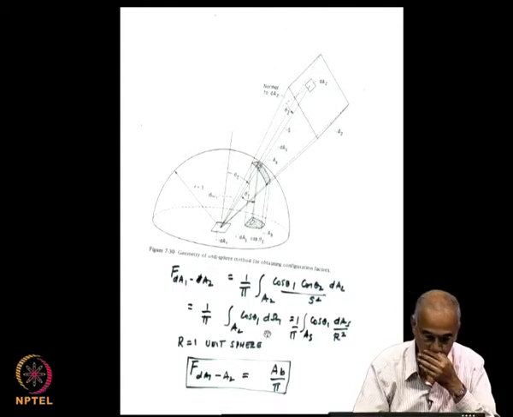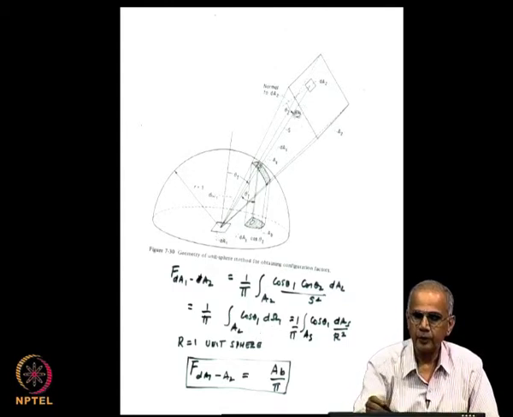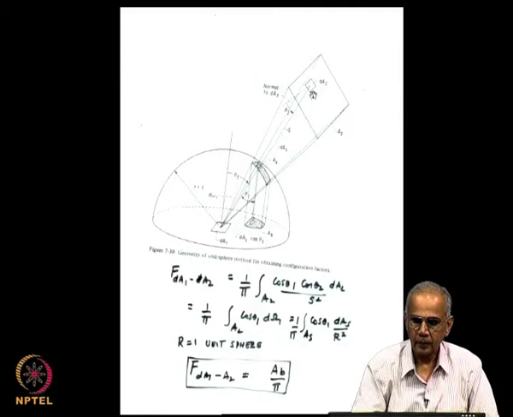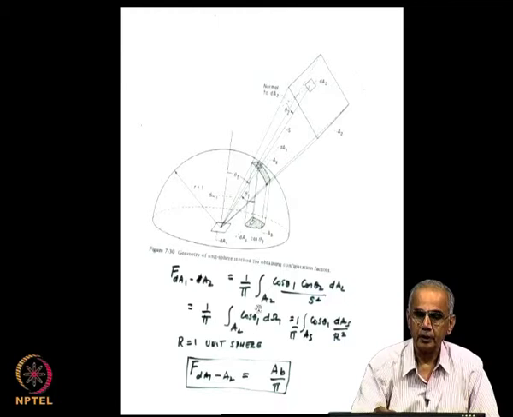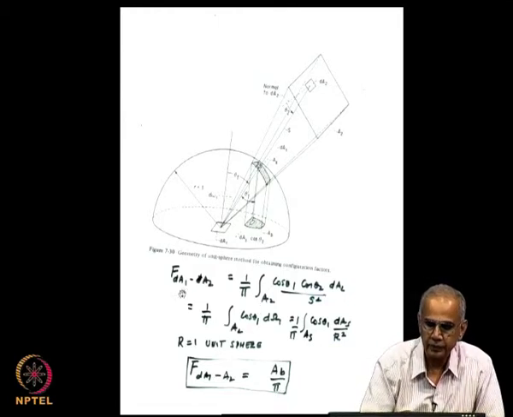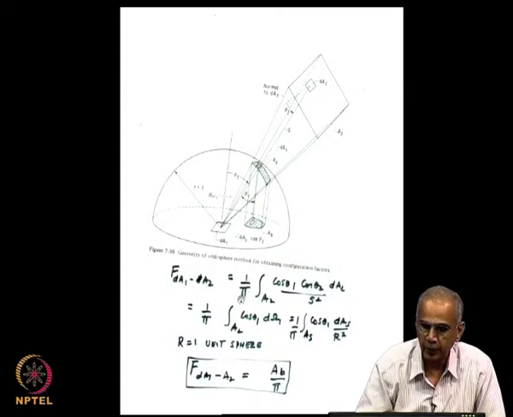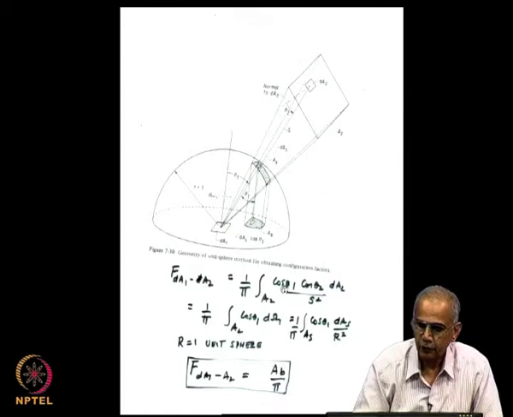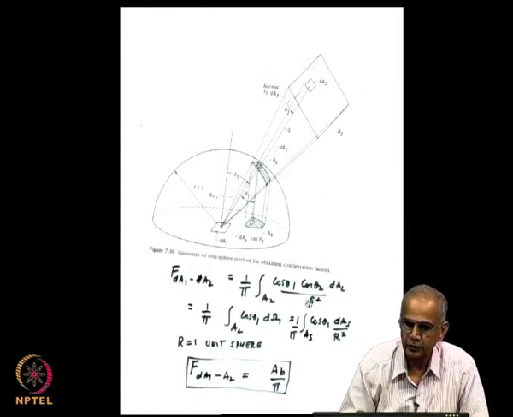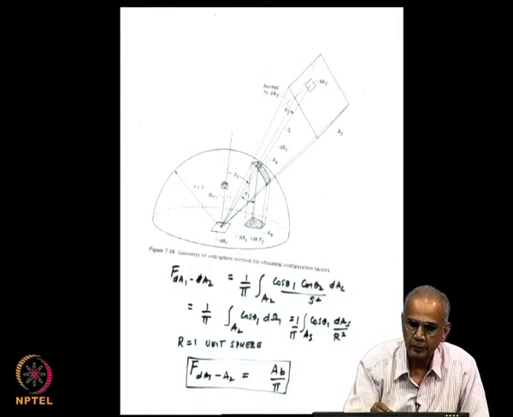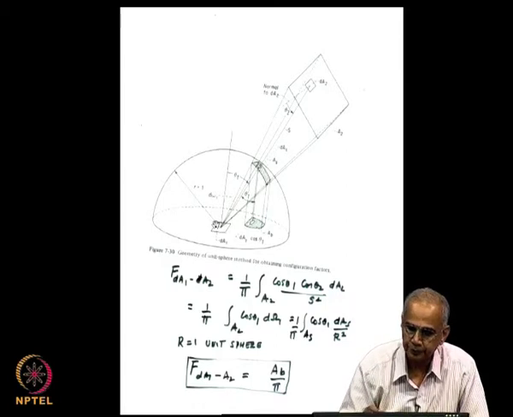Now, we want to show that the shape factor F dA1 dA2 is nothing but the area of that image divided by pi. First, we look at the expression for F dA1 dA2, which is 1 over pi times the integral over A2 of cos theta 1 cos theta 2 dA2 by s square, where theta 1 is the angle between the line joining these two areas and the normal of dA1.